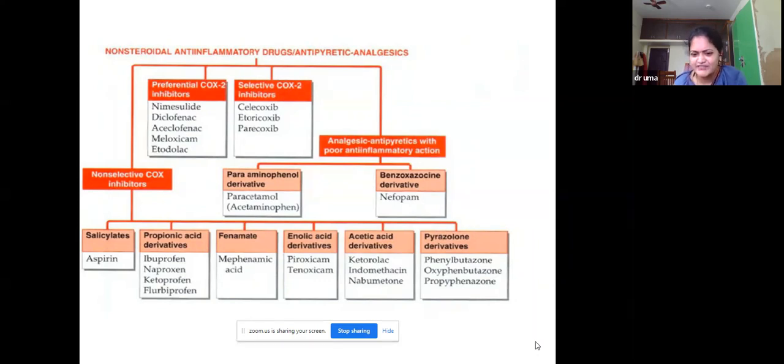The acetic acid derivatives are ketorolac, indomethacin, nabumetone. And pyrazolone is phenylbutazone. It causes agranulocytosis. And preferential COX2 inhibitors inhibit COX2 more compared to COX1. The important drugs of the group are aceclofenac, diclofenac, nimesulide, meloxicam, and etodolac.